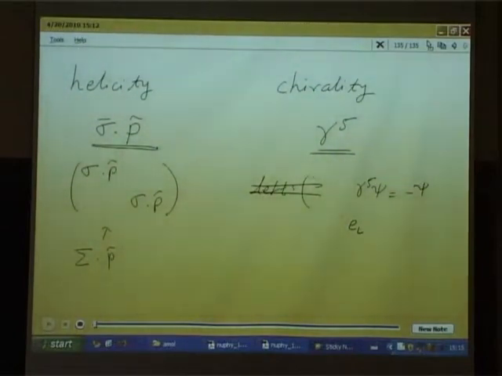This means that if I act on EL by gamma 5, I will get minus. Let me see if my signs are right. What is EL? EL is (1 minus gamma 5)/2 times E, by definition. So let's see what this is. This is gamma 5 times (1 minus gamma 5)/2, and gamma 5 squared is 1, so we get (gamma 5 minus 1)/2 times E.